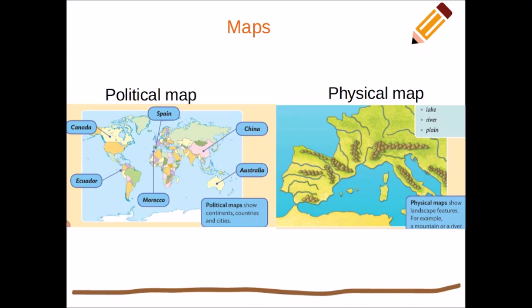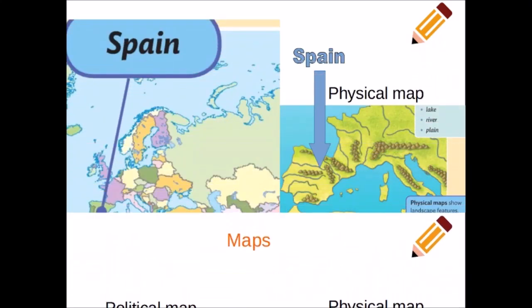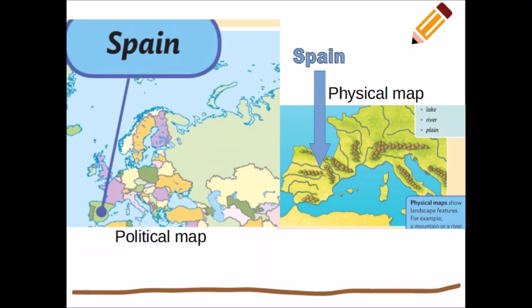And in fact, I'm going to zoom in a little bit so we can see the same area. So we are looking at Europe. I have Spain identified on the right. It's already identified on the left. And it just shows you how different it is. In the political map, we're looking more at the different countries.